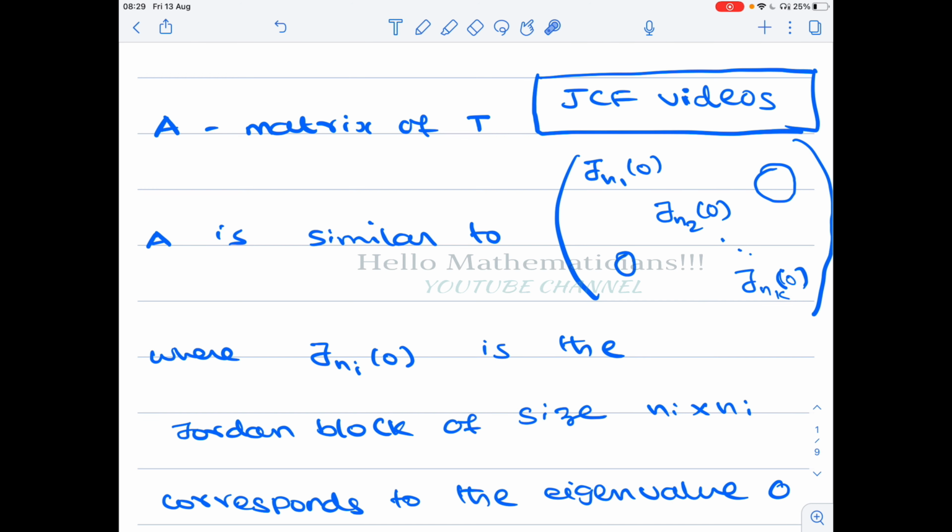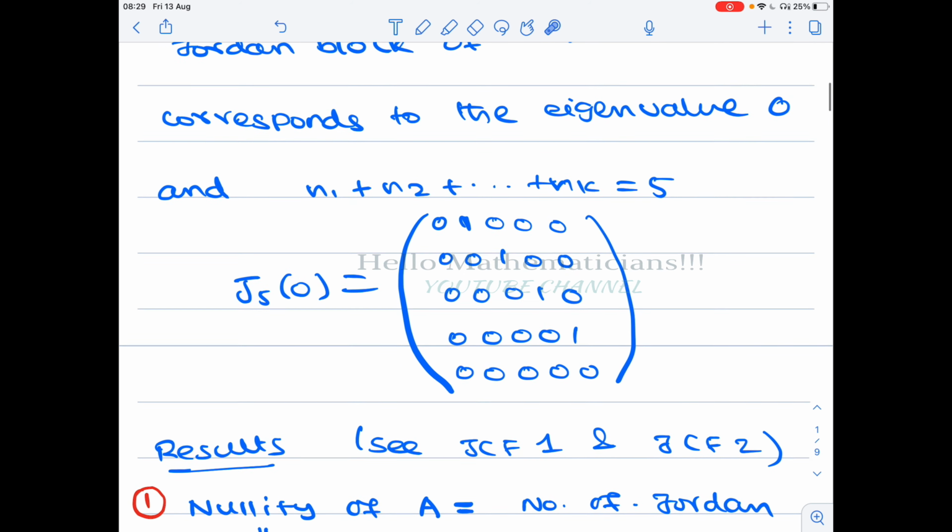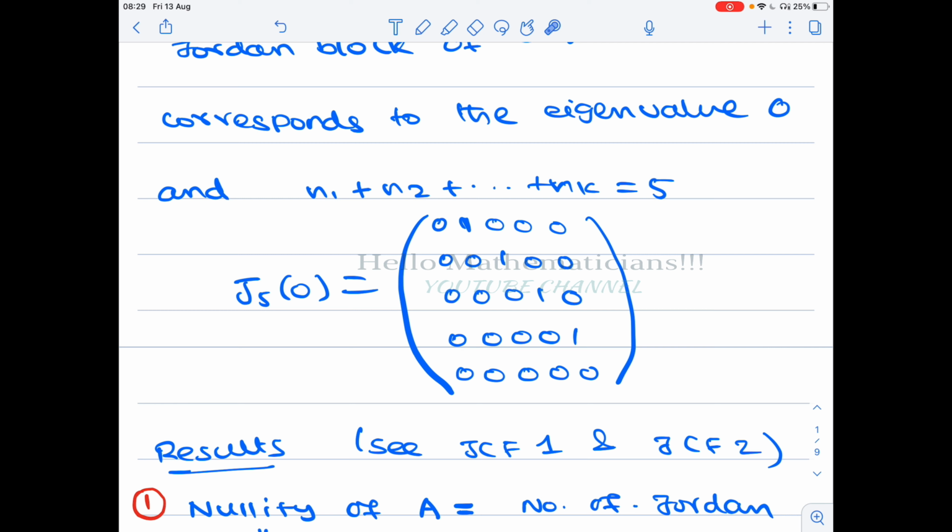Suppose n is 5, so it is 5 by 5. I will give an example of a 5 by 5 Jordan block corresponding to the eigenvalue 0. If it is an arbitrary eigenvalue lambda, then in the diagonal you will have lambda.